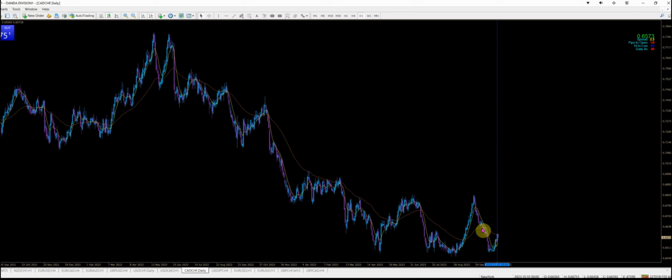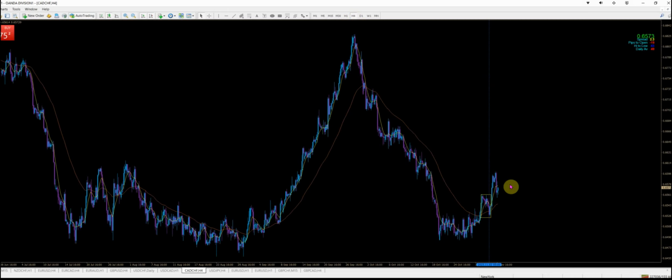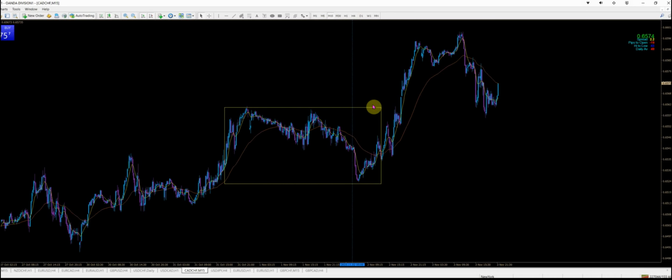Then you could look at holding on to that even longer. If the daily chart was also showing an uptrend, then that would have just been even more juicy confirmation to hold on to this trade longer. But the fact of the matter is the 4 hour still is up. And so on an ideal short-term swing trade or day trade, this is really all you need. Okay? So that's it.